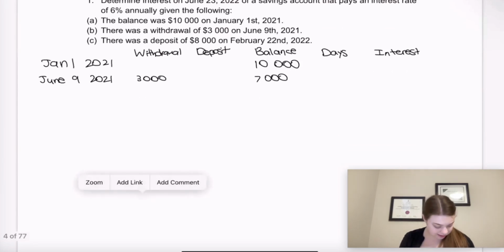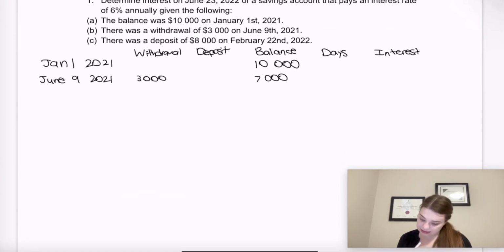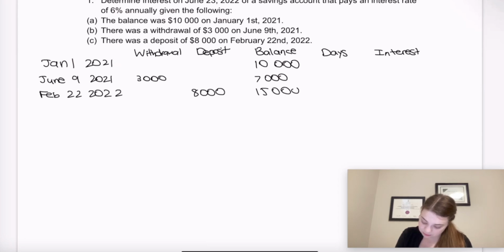Okay. Next, it says there was a deposit of $8,000 on February 22nd of 2022. And so, therefore, that means that we would put 8,000 here for deposit. That means the total balance, for principal at least, would be $15,000.